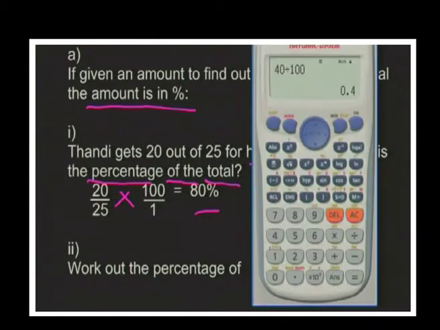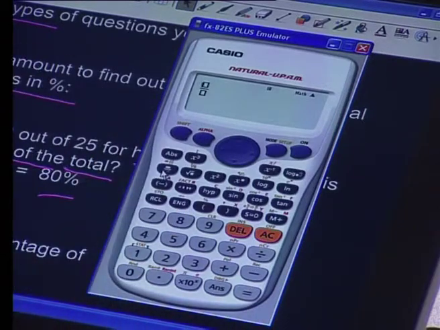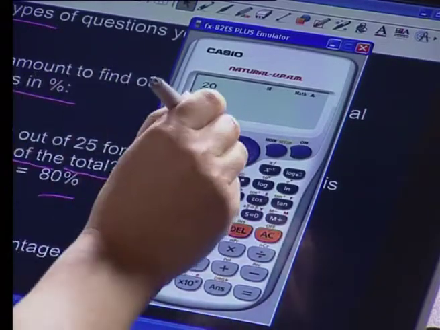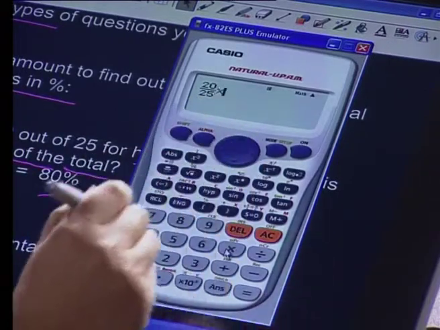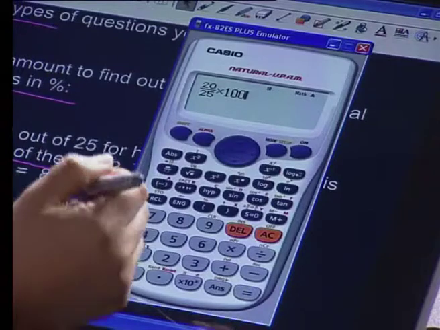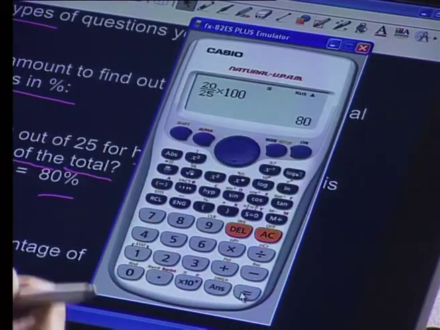Let's try that on the calculator. On the calculator, you'll probably find it easiest to use your fraction button. So we'll go ahead and use our fraction. She got 20 marks out of a total of 25. And then times by 100, or you can do it as 100 over 1 and equals, we get 80%.